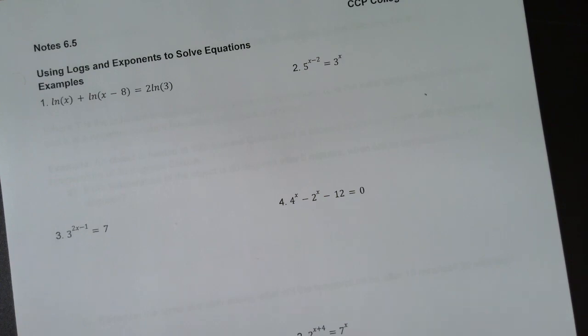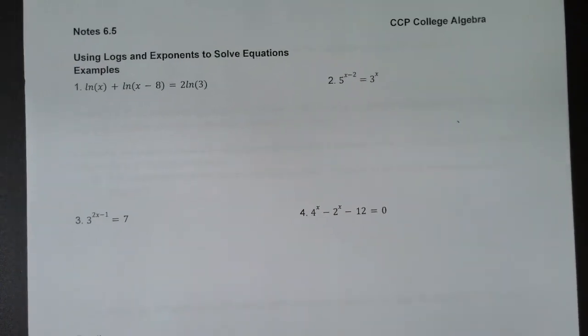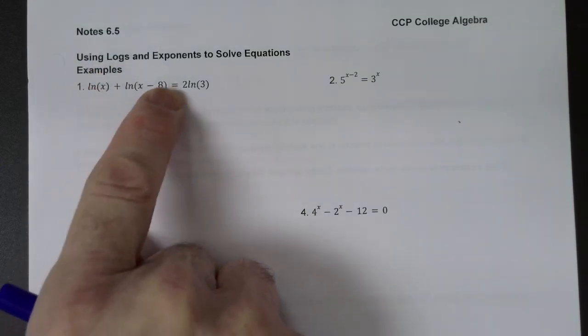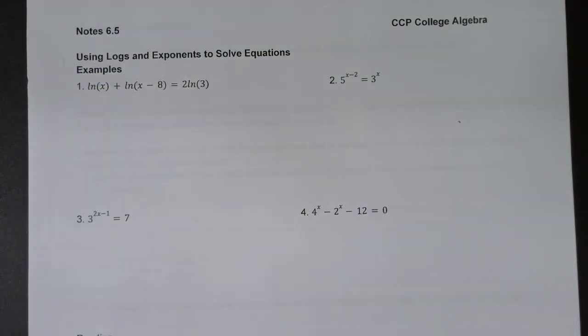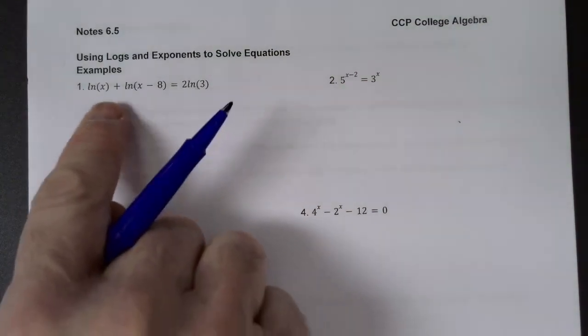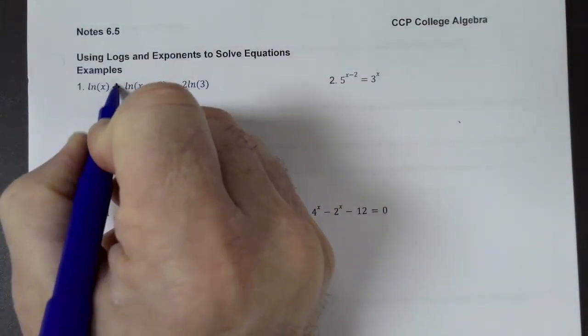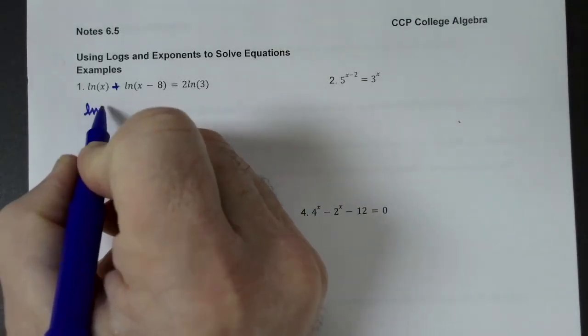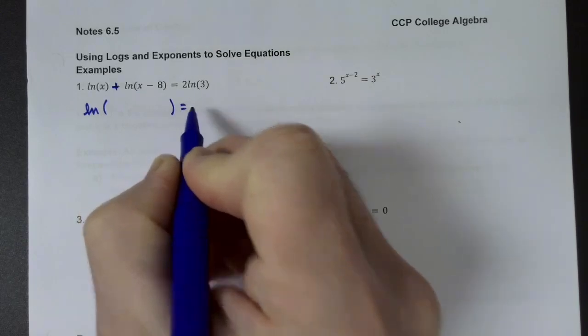Okay, so let's apply a log law, and of course we can simplify this using that log law that says if I've got two logs added together, okay, I can combine them through multiplication.